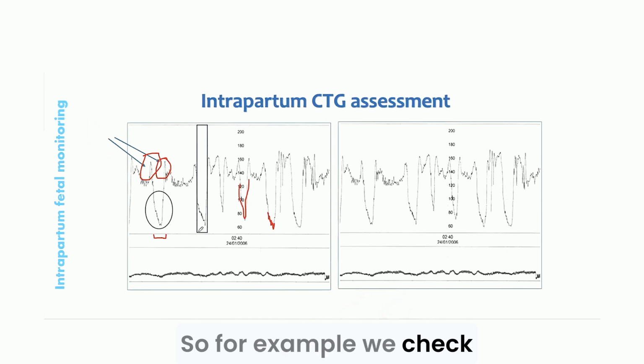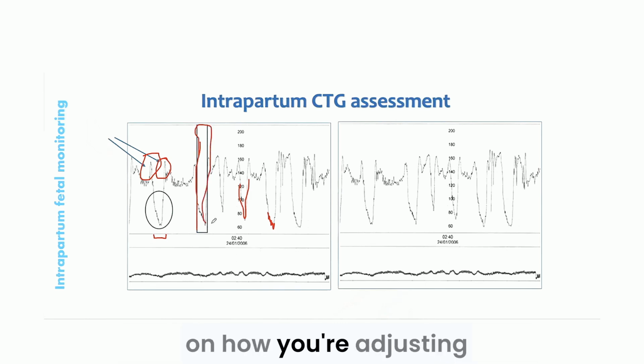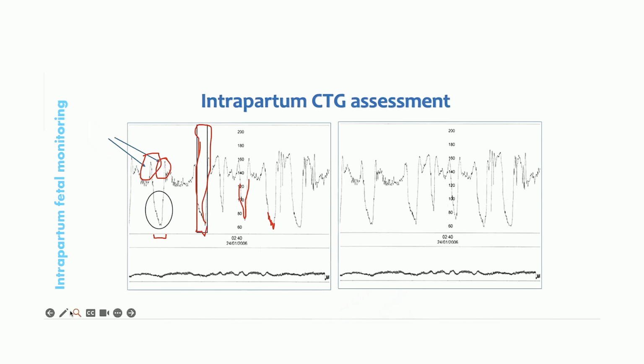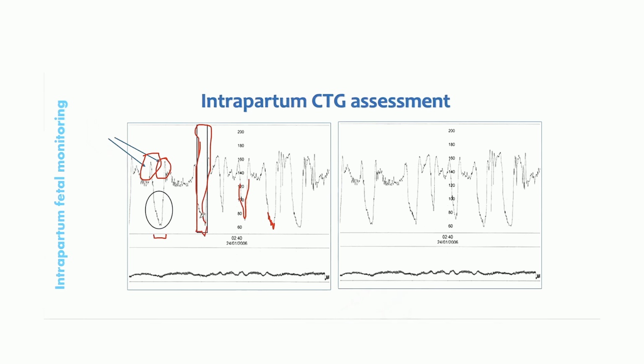For example, this deceleration still looks like it is within 1 box of the CTG, which, depending on how you're adjusting the rate, in this CTG is 1 minute. So the deceleration is still within the 1 minute area, which is another sign that it's not a prolonged deceleration.